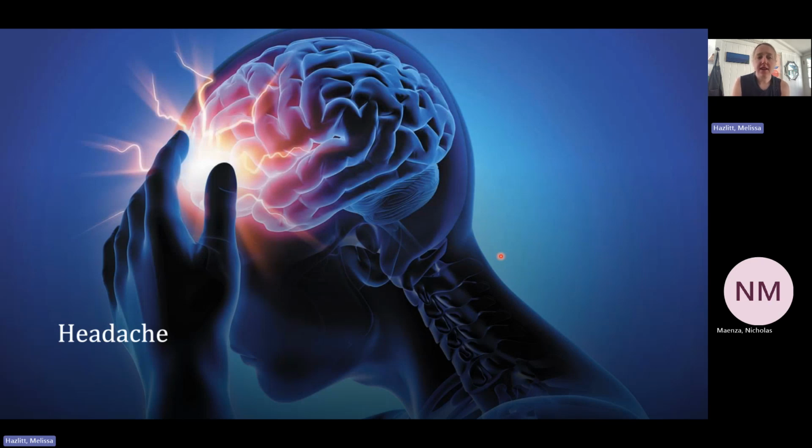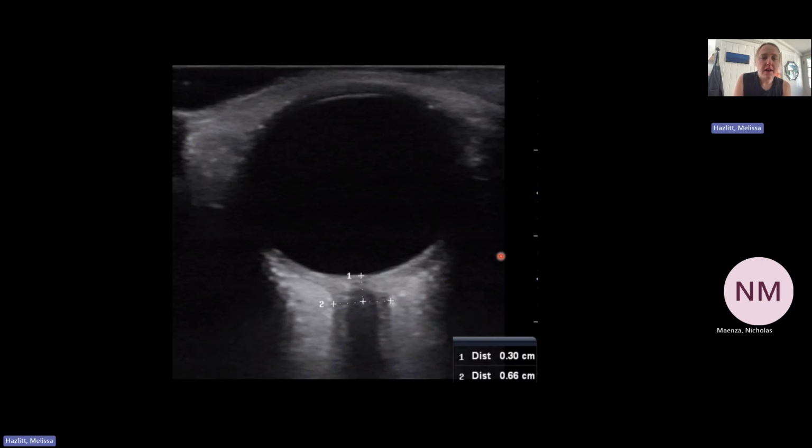We get a lot of patients that have headaches that have either not the most acute stories, or sometimes they do have acute presentations and we're having trouble finding out what the etiology of their complaints are. So this is a time where we can look at a proxy for intracranial pressure.